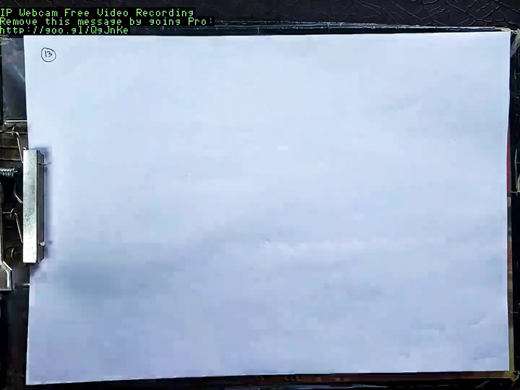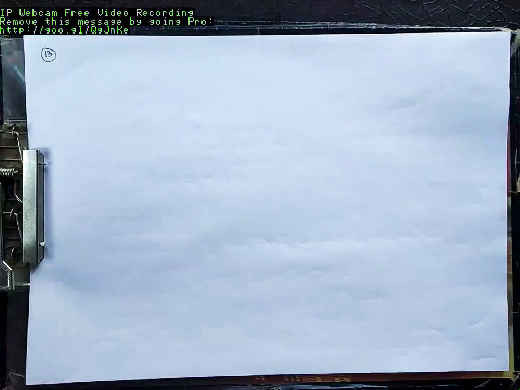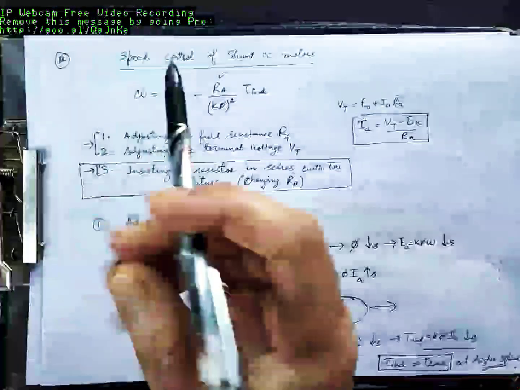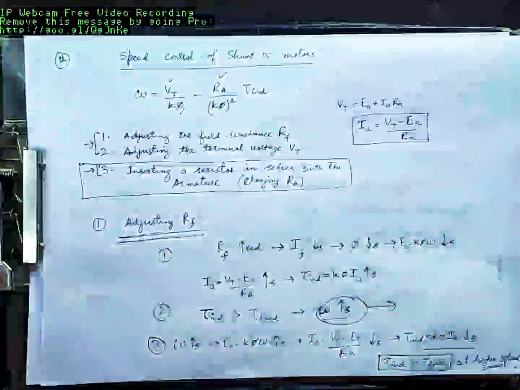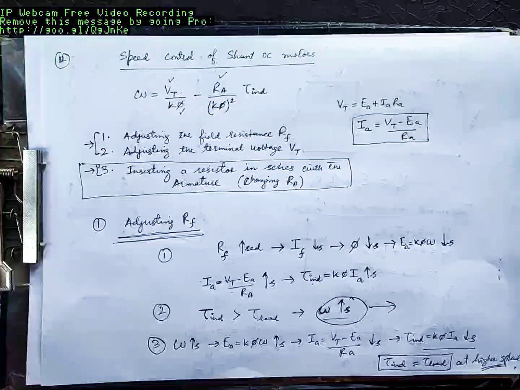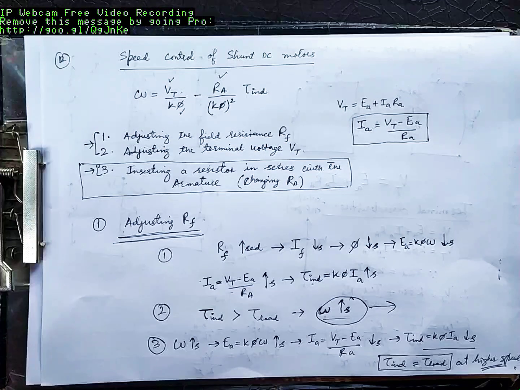We continue with our discussion on speed control of shunt and separately excited DC motors. In last class, we started the discussion about speed control of shunt DC motors. We discussed that we can control the speed of shunt DC motors or separately excited DC motors by three methods.